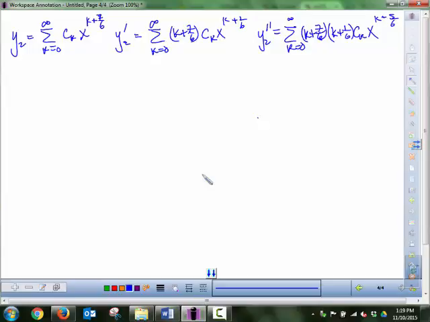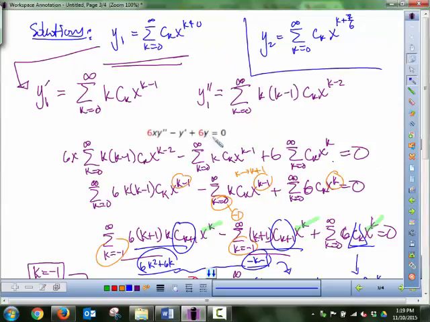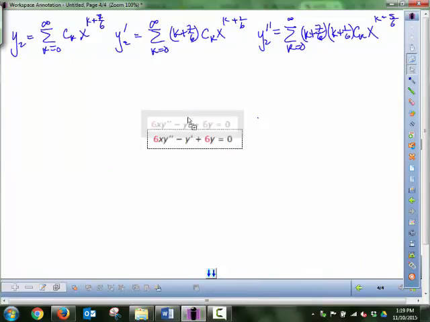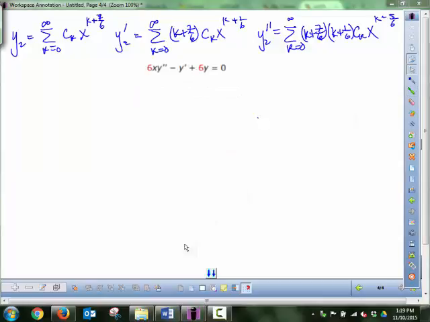Okay. So now we need to put this into our differential equation. Our differential equation is this guy. So let's put that into our differential equation.